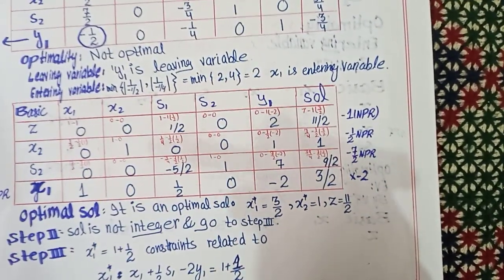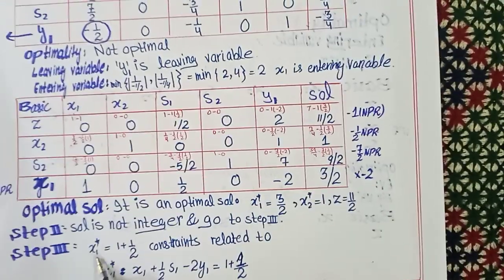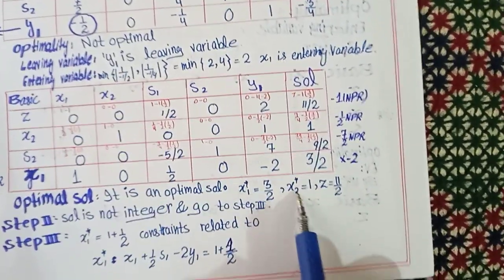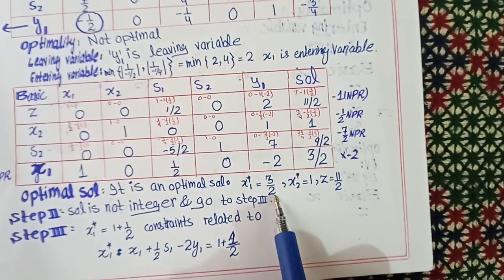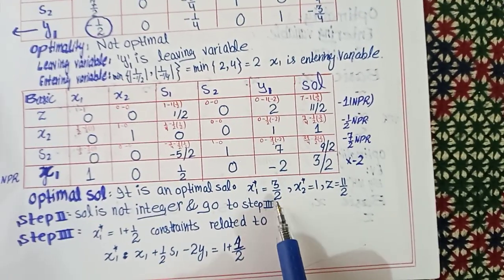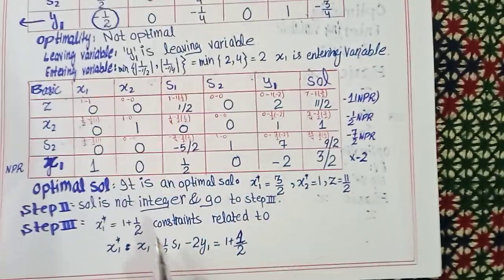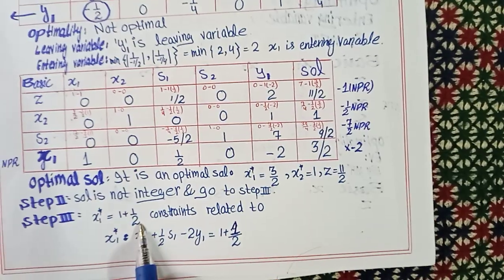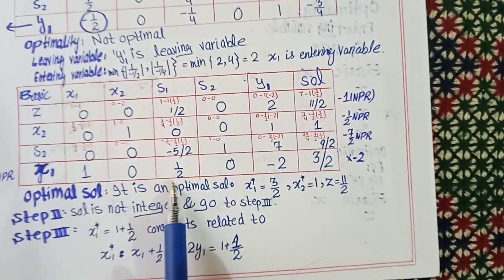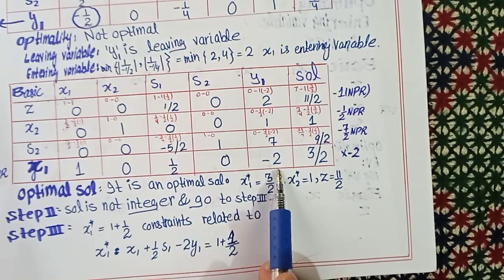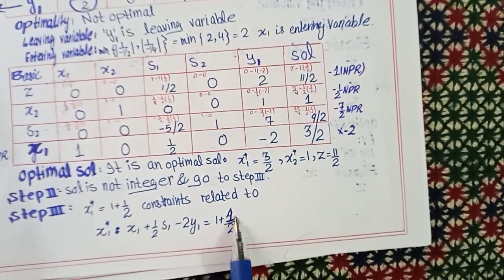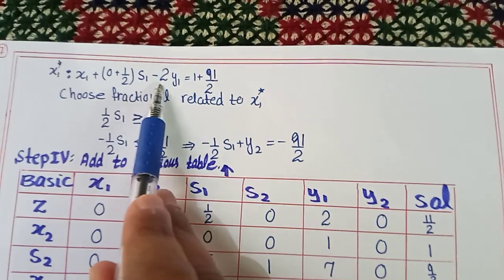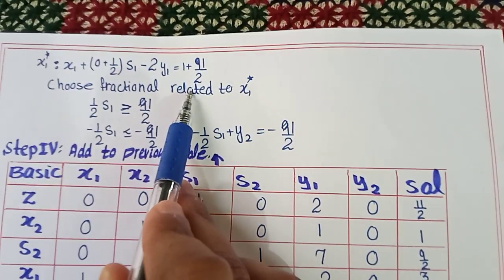Repeat this. Step number 3: check x1 and x2. x1 is not an integer, x2 is an integer. x1 is 3 over 2, which is 1 plus 1 over 2. To convert into integral part plus fractional part, the constraint x1 plus 1 over 2 s1 minus 2 y1 is equal to 1 plus 1 over 2, written as x1 with 0 plus 1 over 2 s1 minus 2 y1 plus 1 over 2.